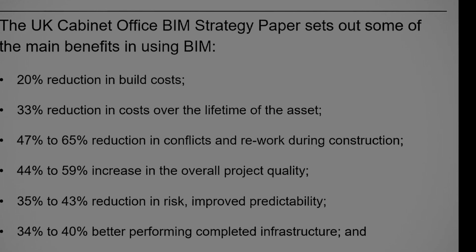So in BIM, since everybody is working in a collaborative environment, you can mark the client in the model itself. You can mark the client and say, please review if this is okay, and the client can see that in the model in real time, and he can also add his comment there in real time. So, improvement in review and approval cycles.